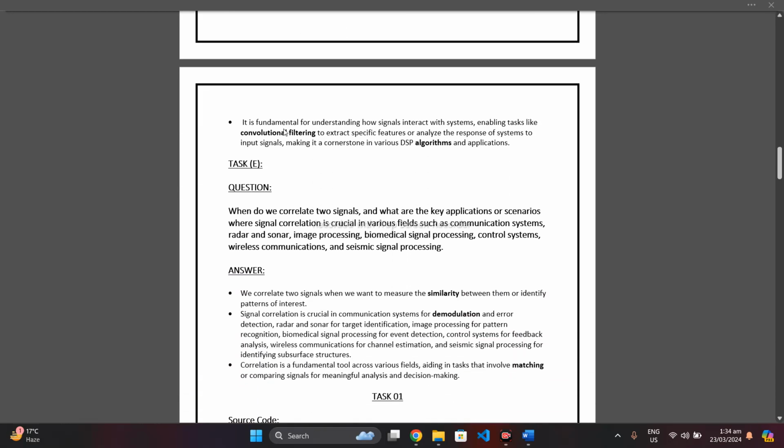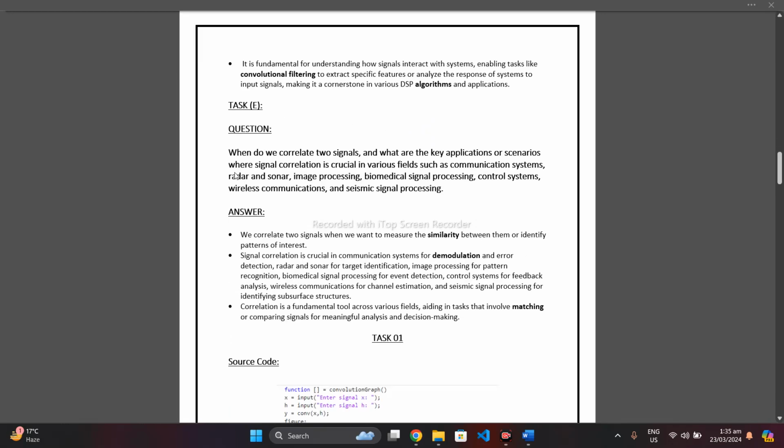It is fundamental for understanding how signals interact with systems, enabling tasks like convolutional filtering to extract specific features or analyze the response of a system to an input signal, making it a cornerstone in various DSP algorithms and applications.